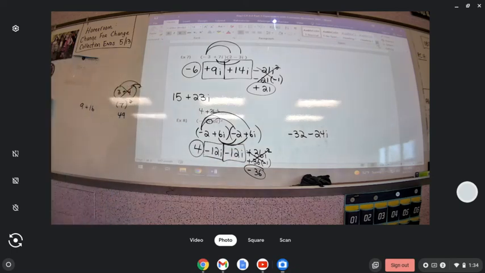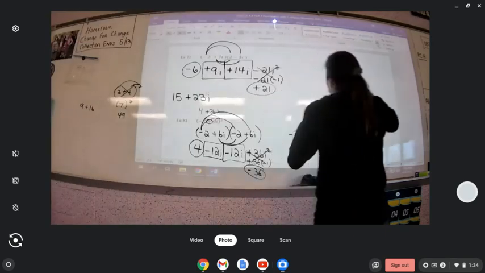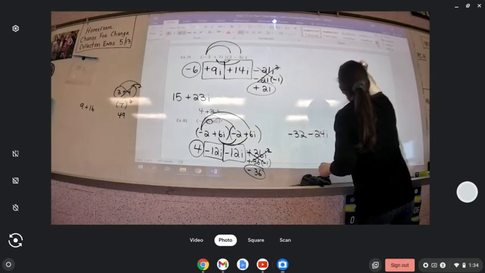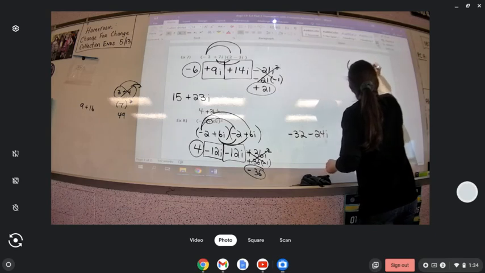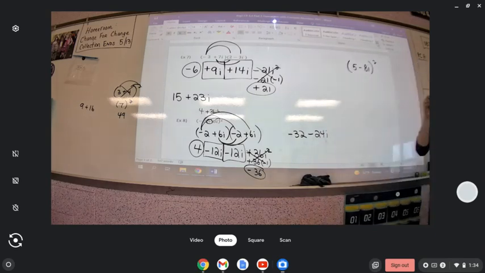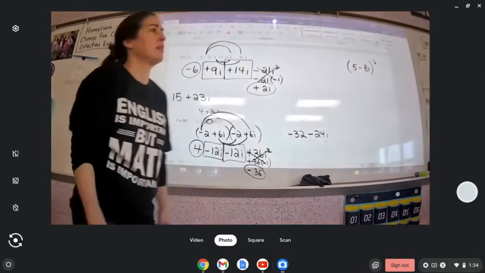All right. I would like you guys to do the last problem. Square that. Write it twice and FOIL it out. Number 9, I think it's 5 minus 8i squared. I'm trying not to move my board. Well, you can, to make sure you're multiplying and adding correctly.